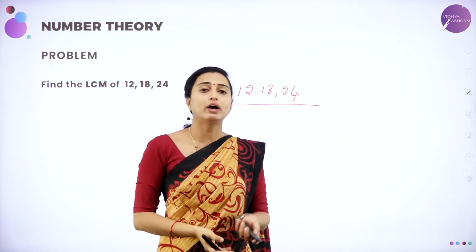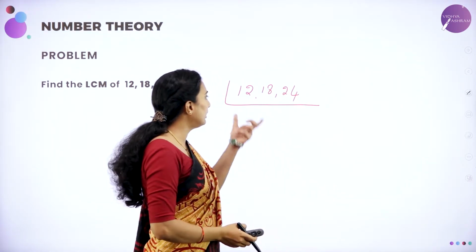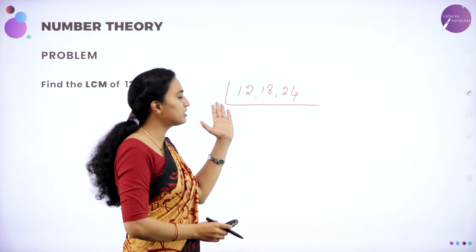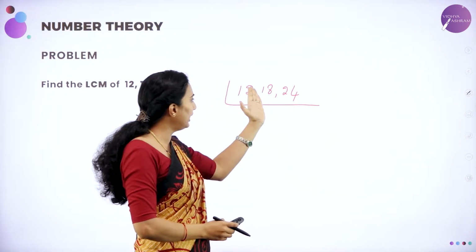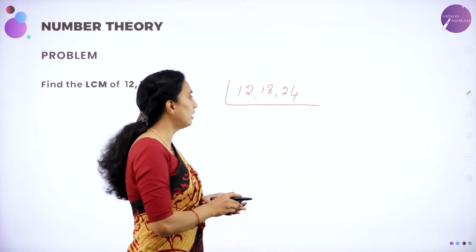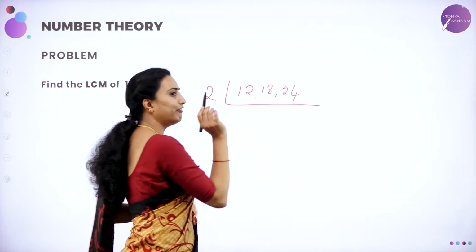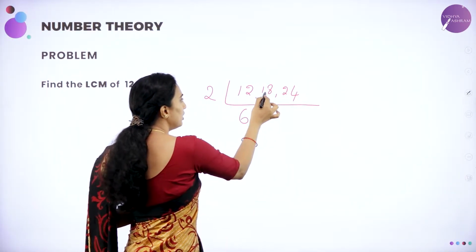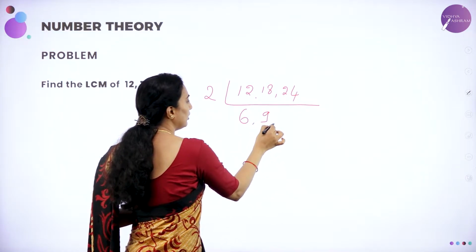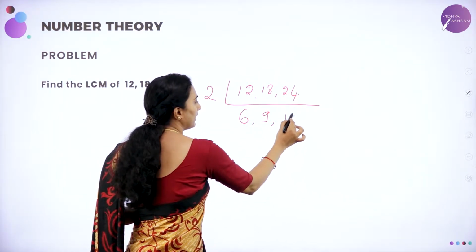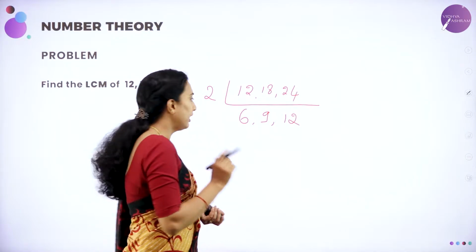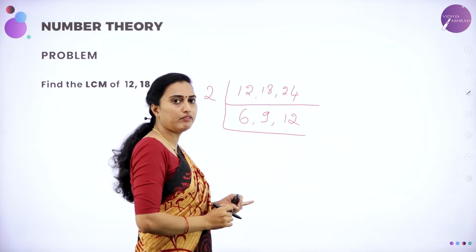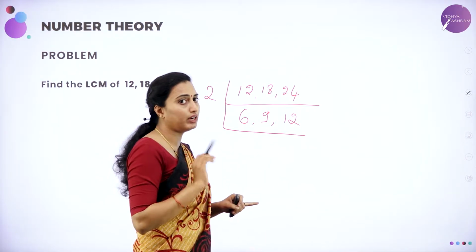You are going to choose one number that divides at least any 2 of these numbers. Got it? So, there is the 2, which will divide 12, 18 and also 24. Let me start with 2, which is an even prime number. So, 2 6s are 12, comma, 2 9s are 18, comma, again 2 12s are 24, isn't it? Next, again you can choose 2 because 6 and 12 can be divided by 2, but 9 cannot be divided by 2.